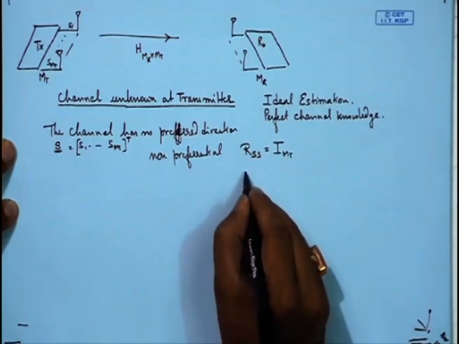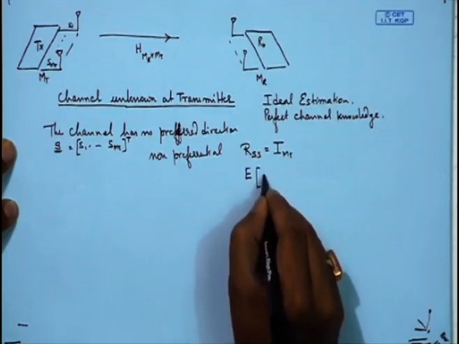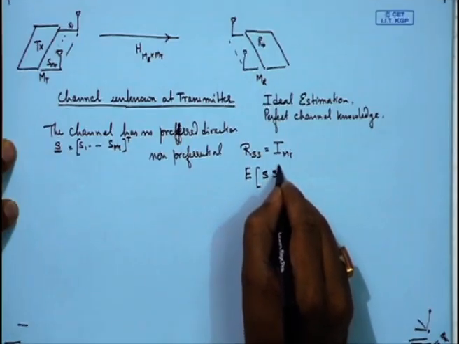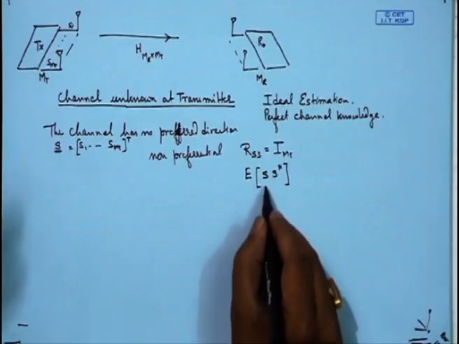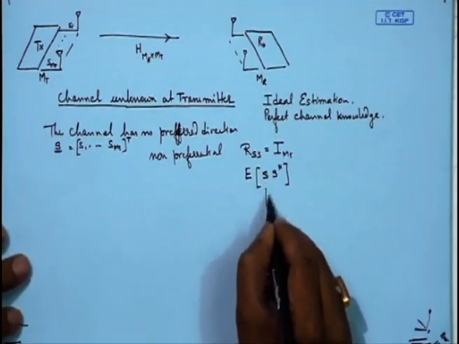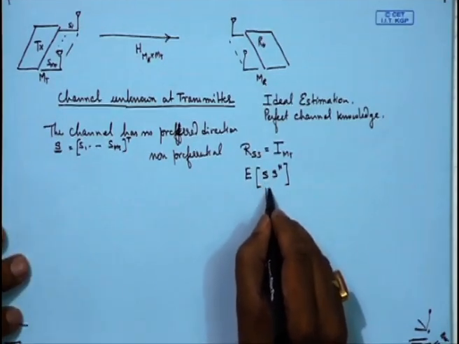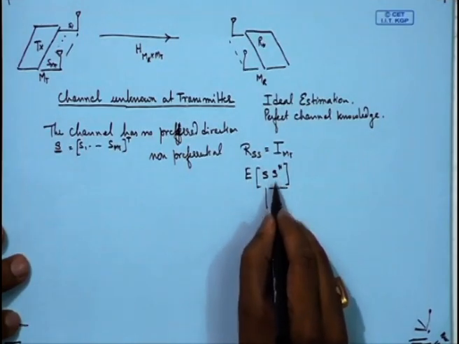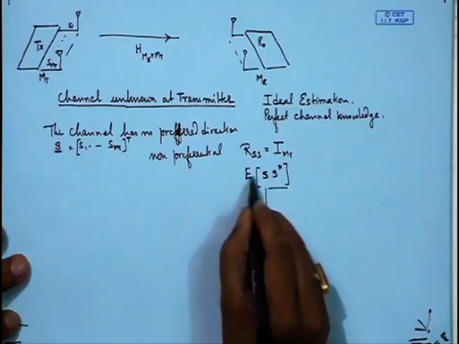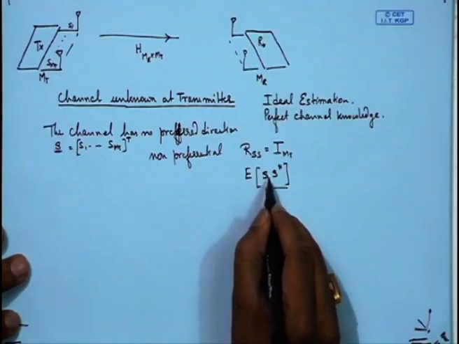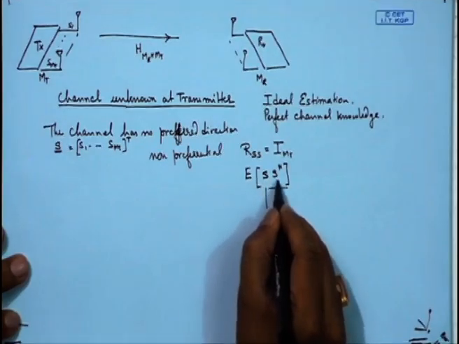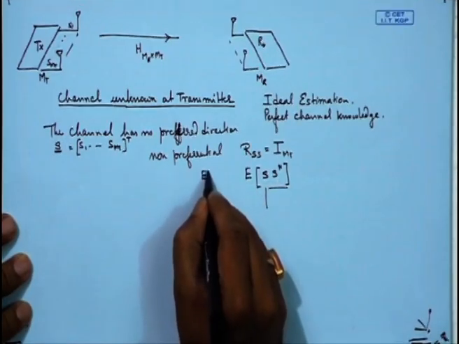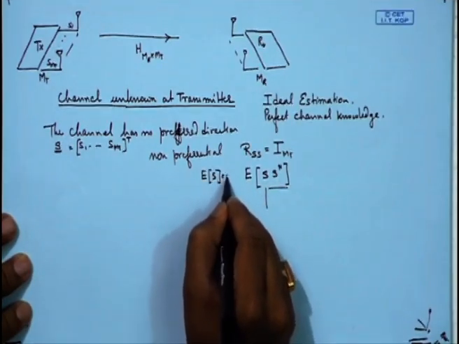RSS is basically the expectation of S times S Hermitian. S is a vector and S Hermitian is a row vector. So when you take the product of it, it becomes a matrix. E of S S Hermitian is basically the covariance matrix of S, and we will ensure that E of S is equal to 0.